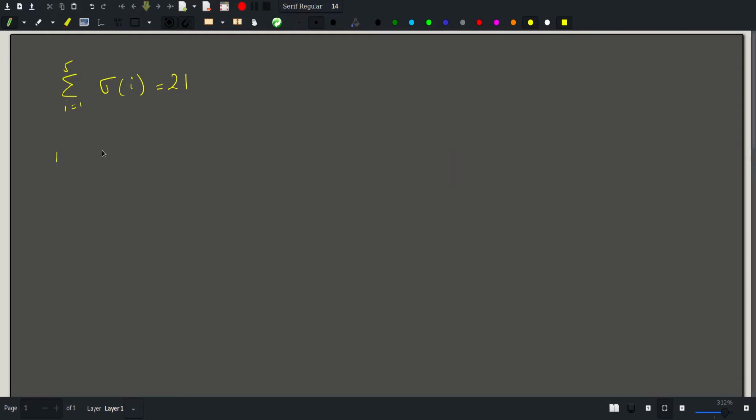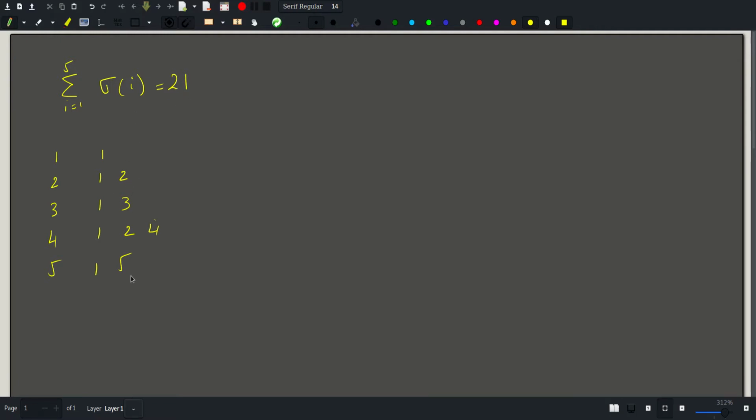For 1 we only have 1, for 2 we have 1 and 2, for 3 we have 1 and 3, for 4 we have 1, 2 and 4, and finally for 5 we have 1 and 5. If we add all this up, here we have 5 ones, so 5, plus 5 is 10, plus 5 again is 15, plus 6 gives us a grand total of 21.